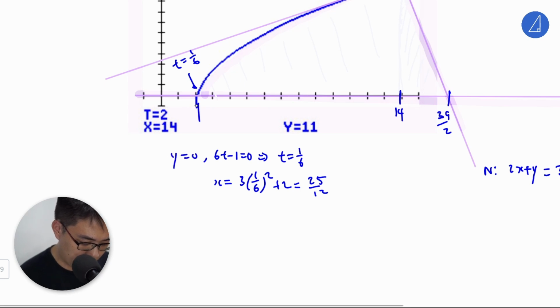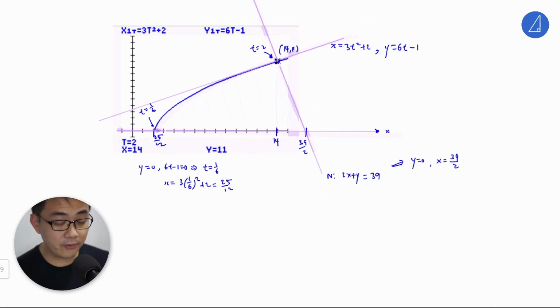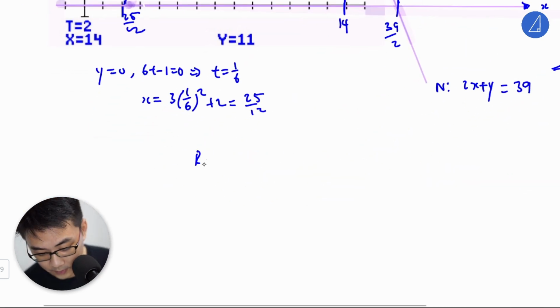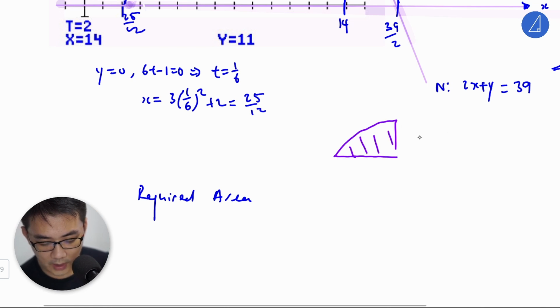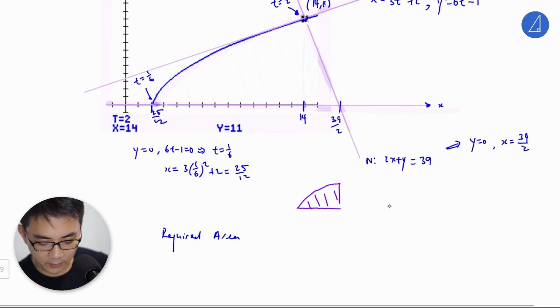Okay, so this is where it's 25 over 12. So to write the formula for the required area, what we need is this graph here, this half, sort of like half a potato, plus this triangle here.